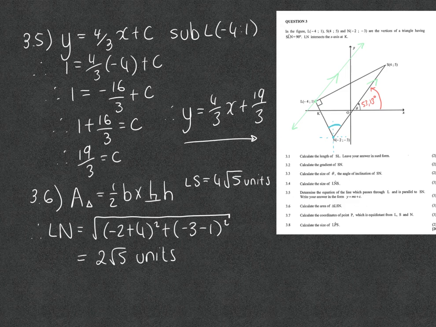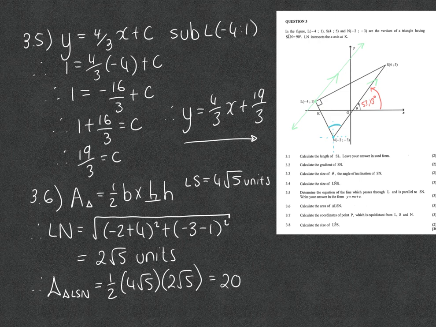Okay, so therefore the area of triangle LSN equals half my base, which in this case is the 4 root 5, times by 2 root 5, which is going to equal 4 times 5 is 20 units squared. Okay. And that is the answer to 3.6.